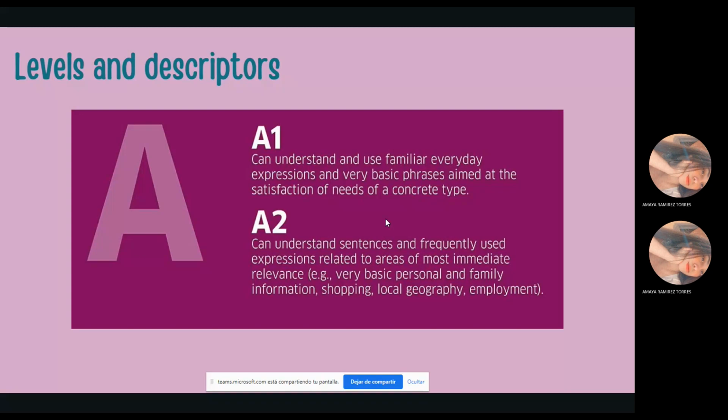This one can understand sentences and frequently used expressions related to areas of most immediate relevance, for example, very basic personal and familiar information, shopping, local geography, employment. So this level describes more of the basic things, the type of knowledge that we have on an everyday basis. Depending on our level, we can be located in one of these.